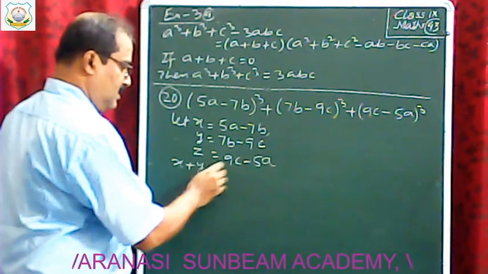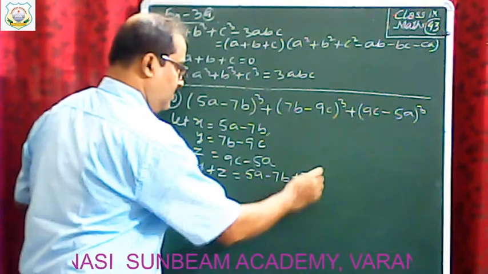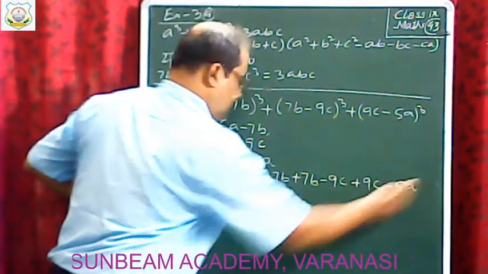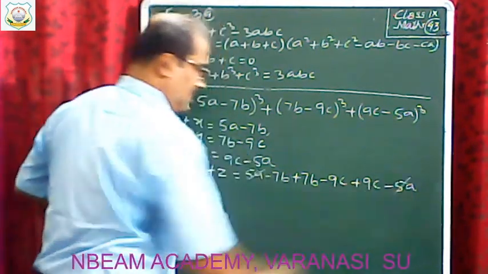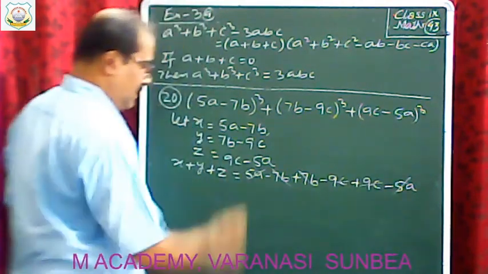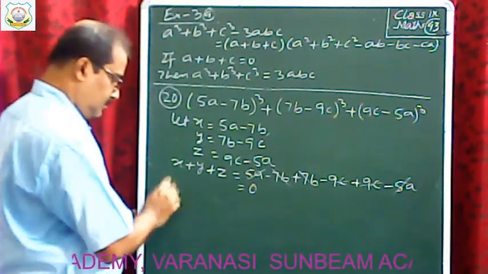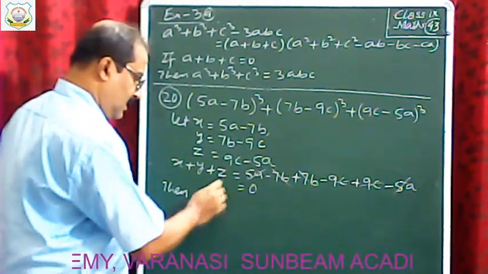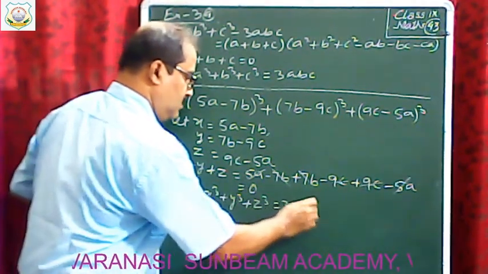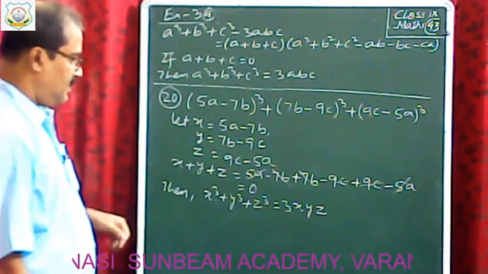Then we have to add: x plus y plus z equals 5a minus 7b plus 7b minus 9c plus 9c minus 5a. 5a and minus 5a cancel, 7b cancels, 9c cancels, we get 0. So x plus y plus z equals 0, then you can say that x cube plus y cube plus z cube equals 3xyz. Now we have to substitute x, y, z.